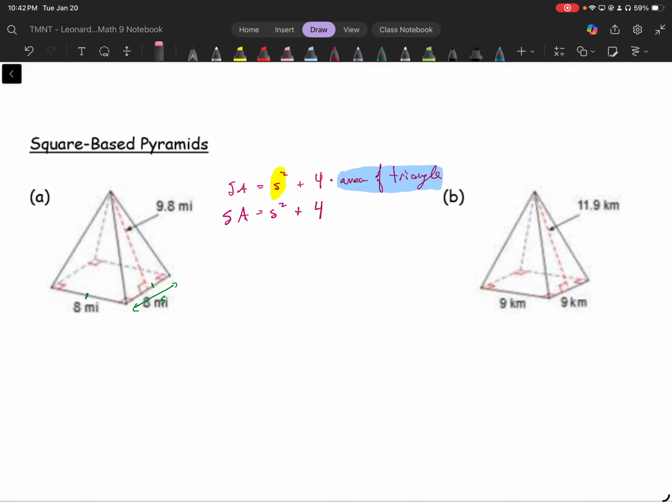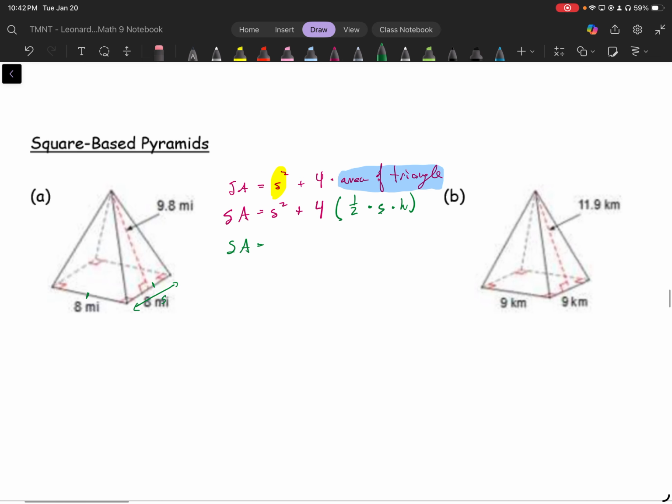So now I can just write the area of a triangle. Now the area of a triangle is going to be 1/2 times base, but I'm just going to call that S because my base is the side length, times my height. So I could simplify this formula if I want.